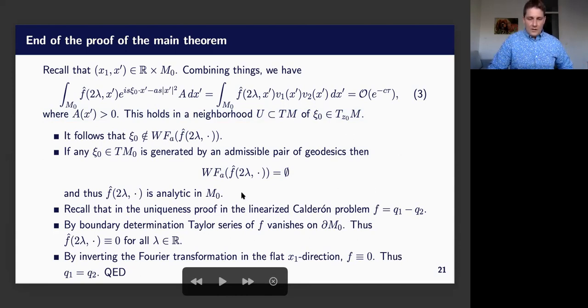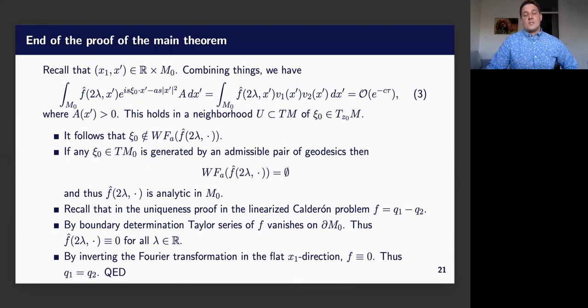Now recall that in the uniqueness proof of the linearized Calderón problem, this unknown f is the difference of the potentials Q1 and Q2. We wanted to show that Q1 is Q2. By boundary determination on the transversal manifold M0, we can determine the Taylor series of Q1.